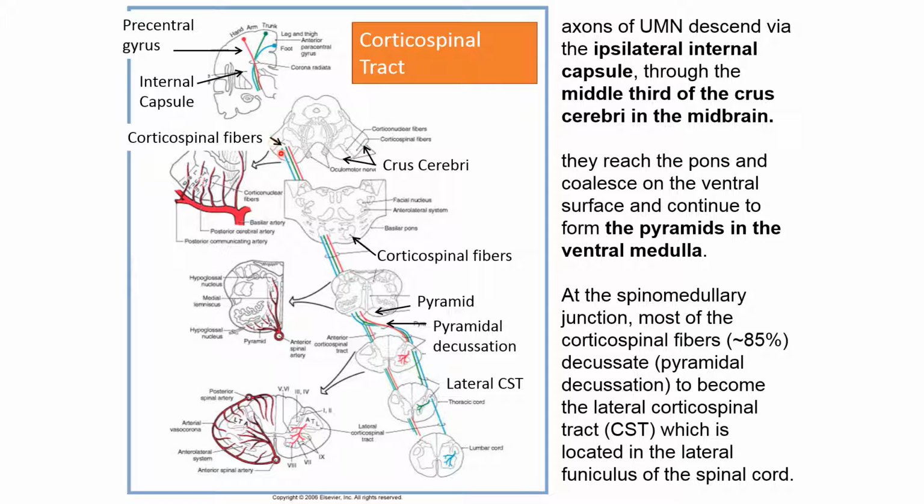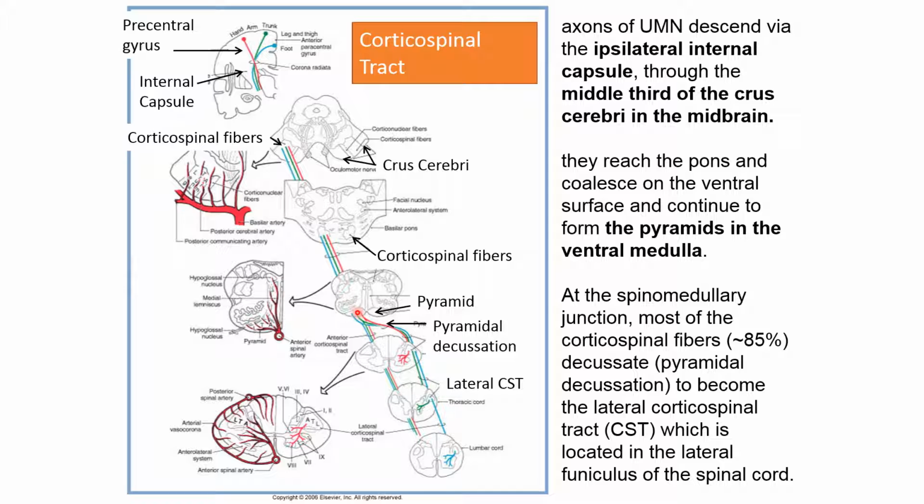They travel further into the pons and gather in the base of the pons, and from the pons travel into the base of the pyramid of the medulla at the most ventral portion of the medulla, forming the pyramids.